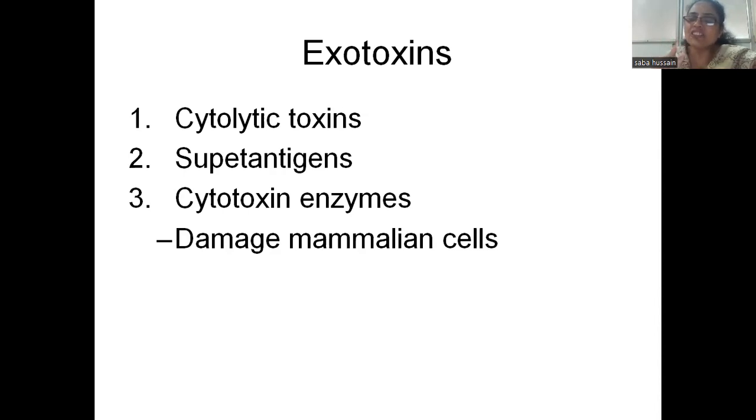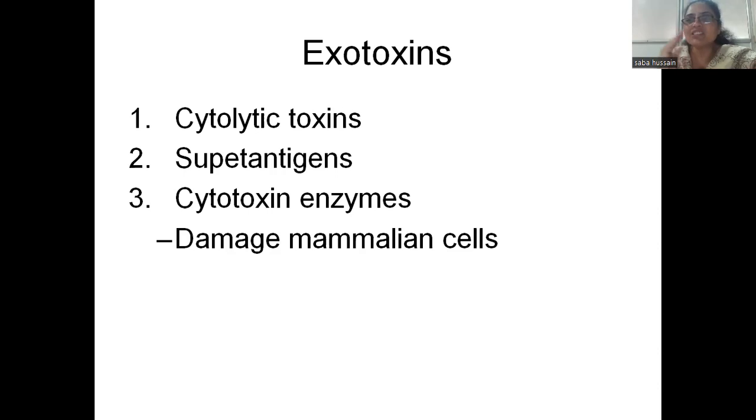The wall has three layers which are helping it to cause infection or become virulent in the host. These three structures we have described one by one in detail: the cell wall and polysaccharide capsule, and the third one was teichoic acid, which is embedded inside the cell wall. So these three we have already talked about.